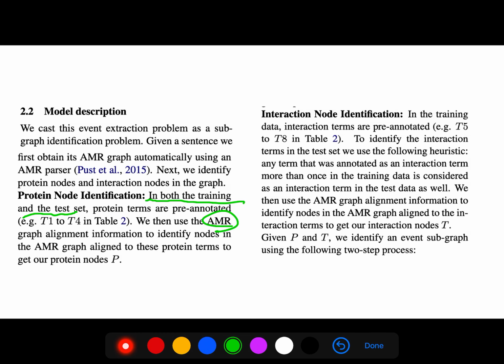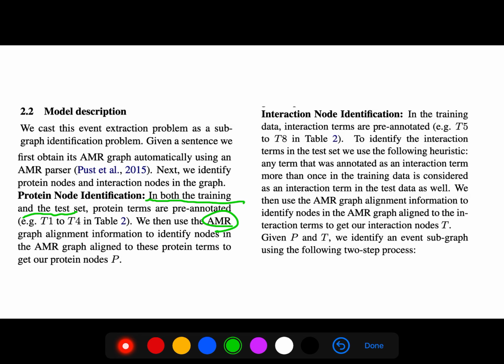In the training data, interaction terms are pre-annotated. To identify interaction terms in the test set, we use the following heuristic. Any term that was annotated as an interaction term more than once in the training data is considered an interaction term in the test data as well.